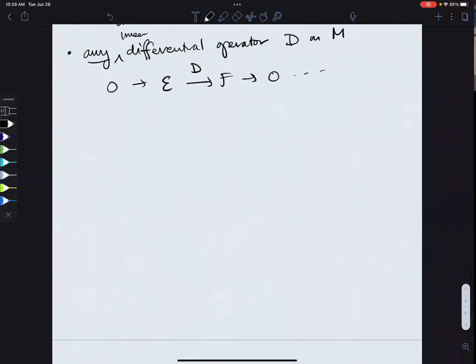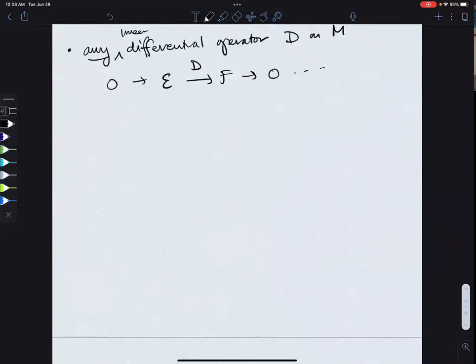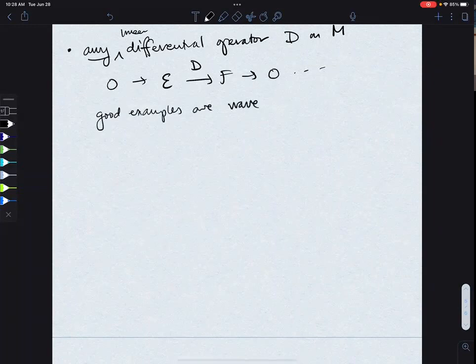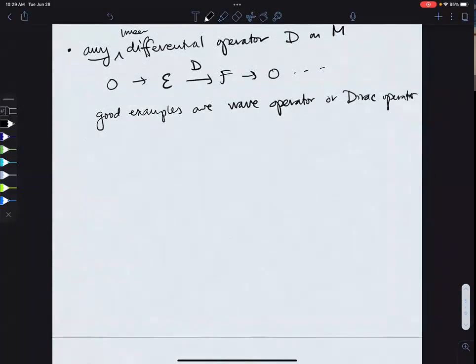So you could think about studying any differential operator as studying some cochain complex. A good example to bear in mind are the wave operator or a Dirac operator. These are very physically relevant ones. So secretly, if you've been doing any linear algebra, you've also been studying chain complexes.